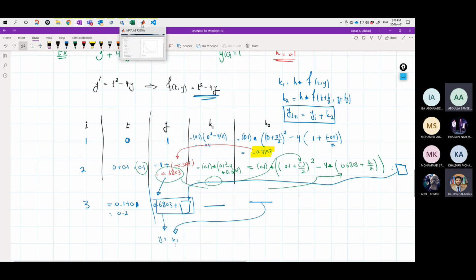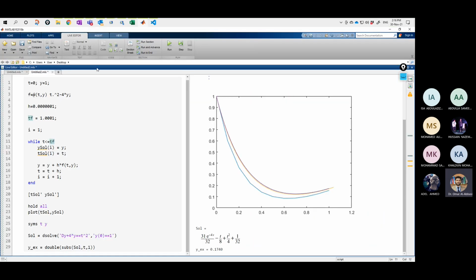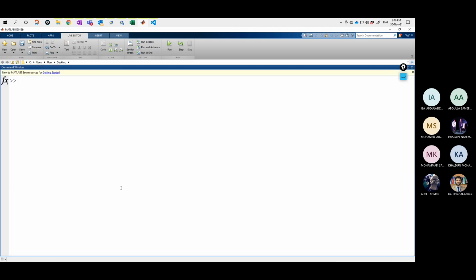So how can we do that manually in MATLAB? Again, manually. Let's calculate. Define t equal to 0, y equal to 1, the function, and h. Okay, we have all that stuff.